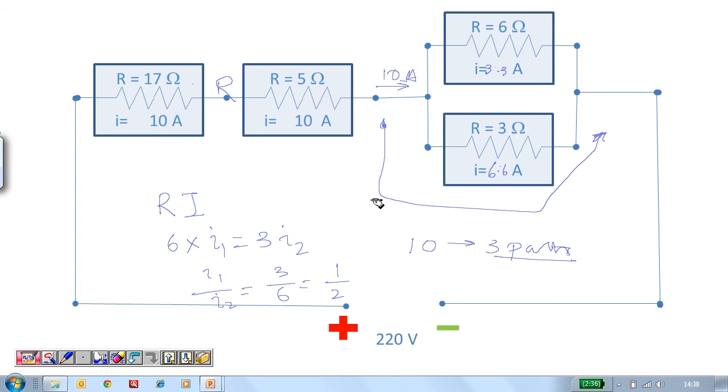Here we are using the normal proportion and ratio problem that you must have done in your maths class: how do you divide the 10 amps into 2 parts in the ratio 1:2? Obviously the branch with the lower resistor will have the higher current, and the higher resistor will have the lower current, to make sure that the product is exactly the same. That in essence covers this extension to Ohm's law that we talked about.